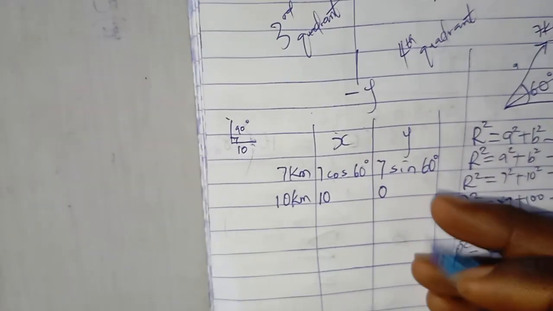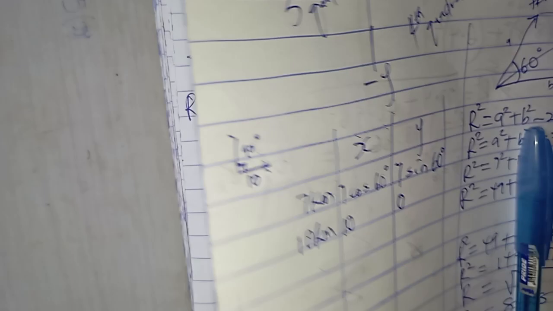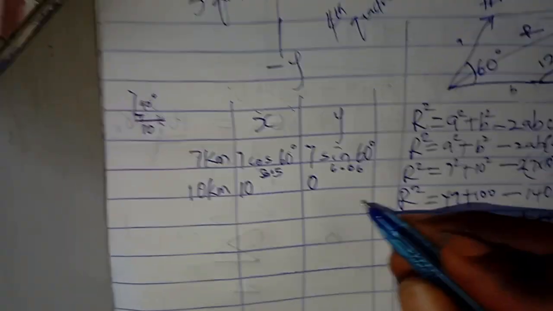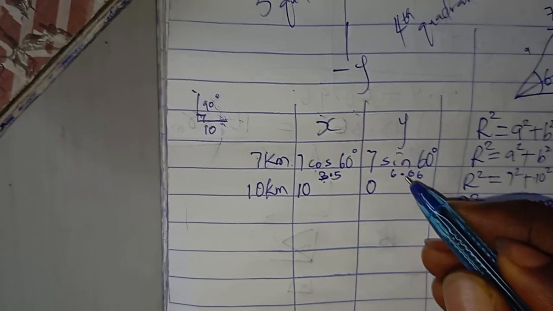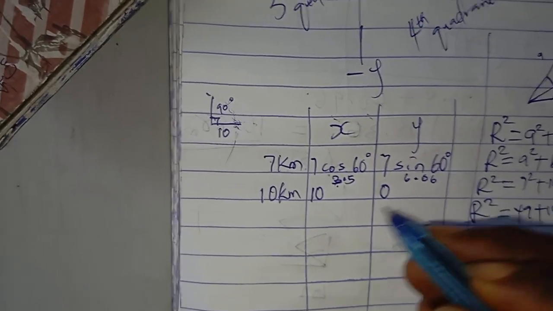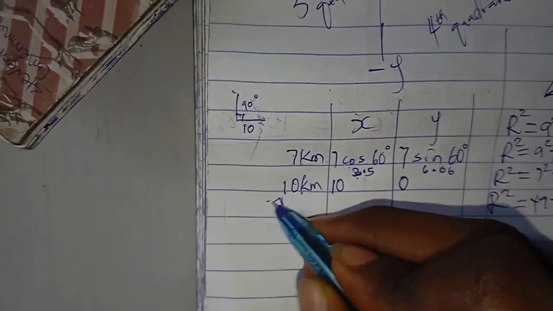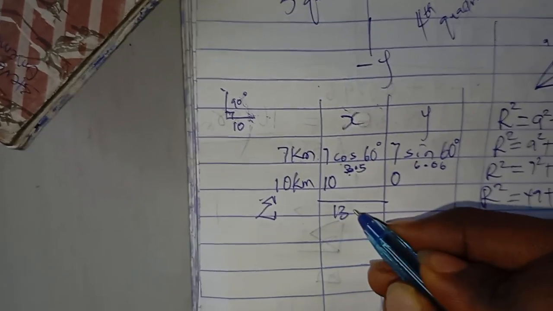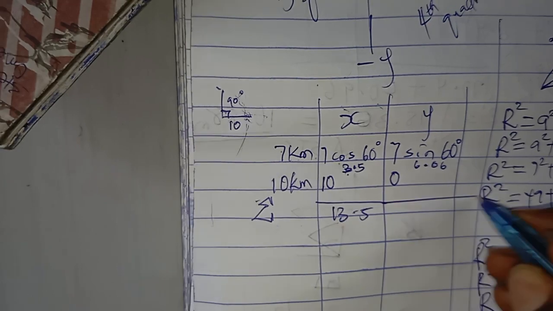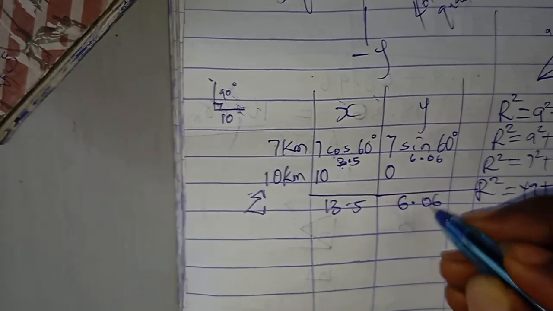Now that I've done this, let's get the values. So I get 7 cos 60 is 3.5. Then 7 sin 60 is 6.06. So if you do the summation, you have 13.5 here, then this side you have 6.06.